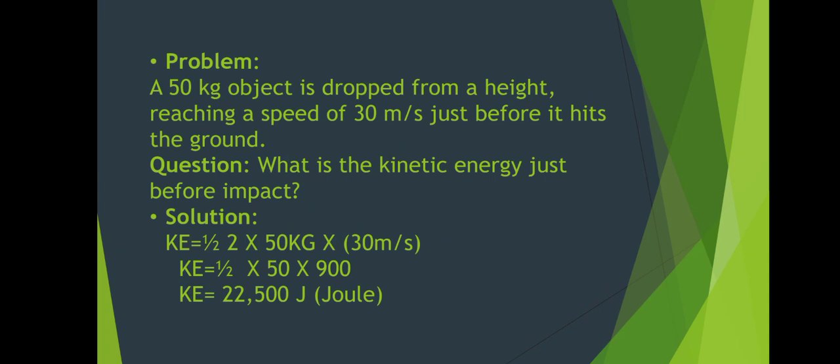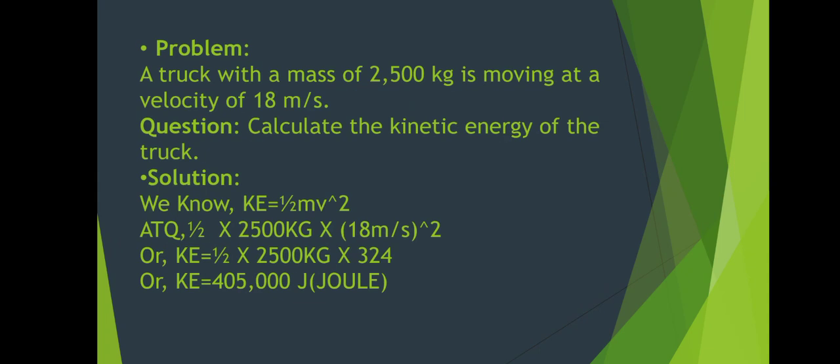And 50 is the mass, so the result comes 22,500 joule. In the next problem, a truck with a mass of 2500 kg is moving at a velocity of 18 meter per second. Question: calculate the kinetic energy of the truck. Now here the solution is, we know kinetic energy equals to half into mv square, we all know that. Now according to the question, half into 2500 kg into 18 meter per second square.